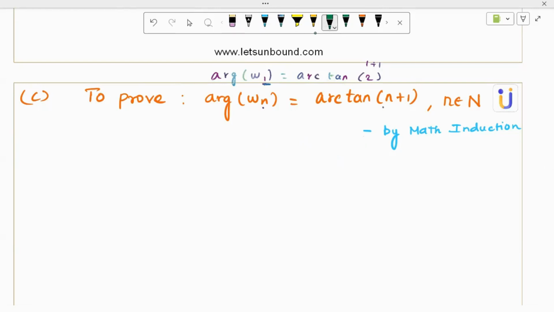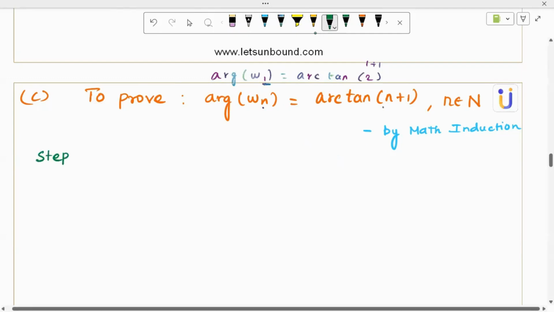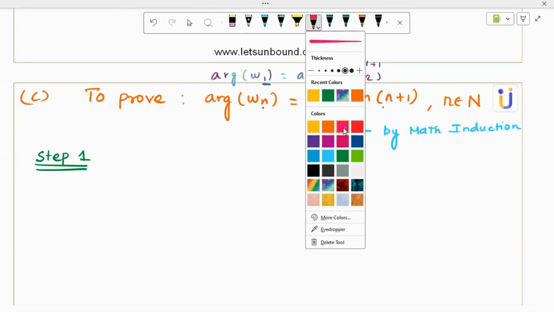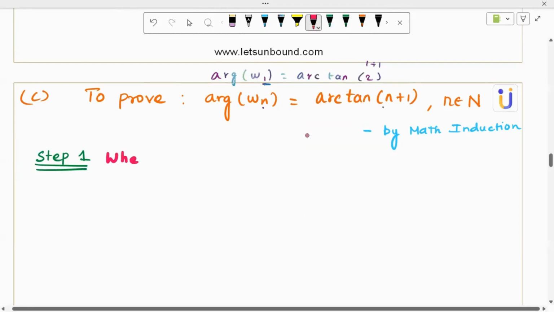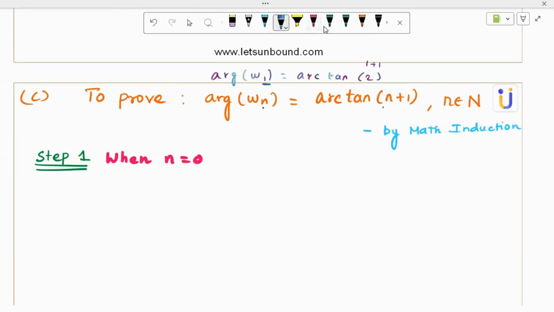First, in the math induction, it's kind of a domino fall, right? So the first value we need to check, and n is equal to 0 here. This is the first step. When n is equal to 0, what happens to the theorem? Let's check.